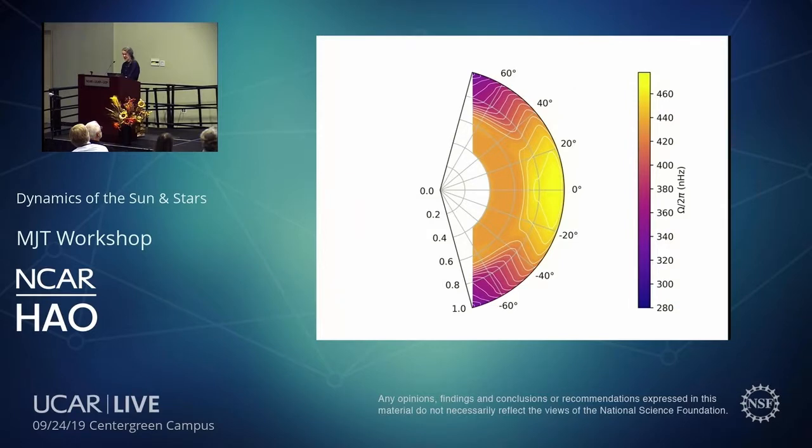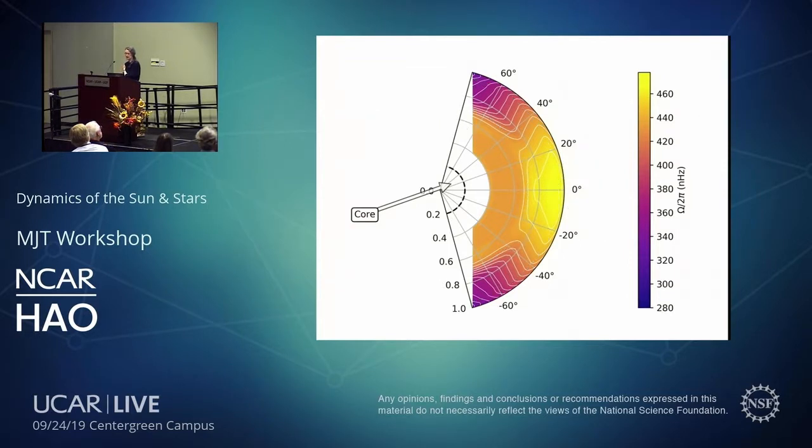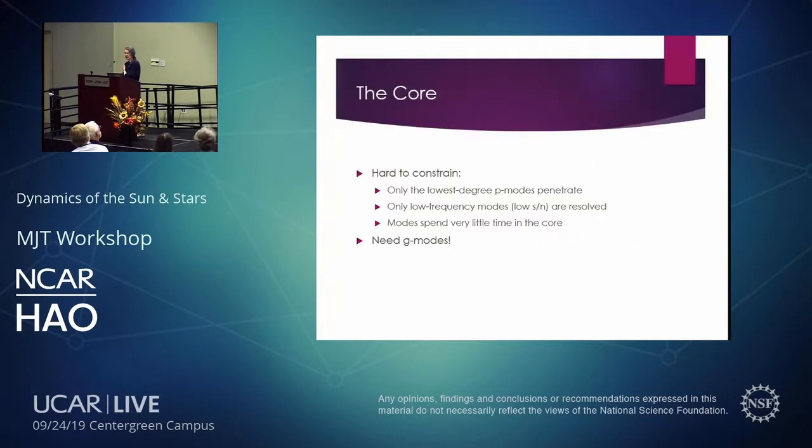Okay. So what can we say about the core? Actually, not as much as we would like. It's rather hard to constrain because only the lowest degree modes penetrate to the core. The modes of radial, dipole, maybe quadrupole modes, and of course the radial mode doesn't tell you anything about the rotation.